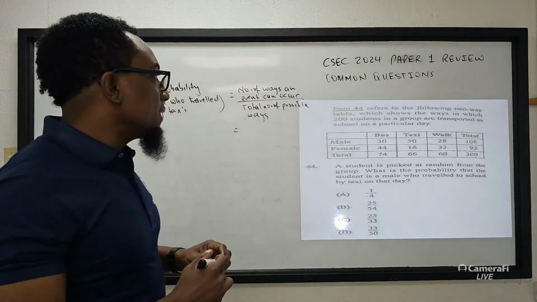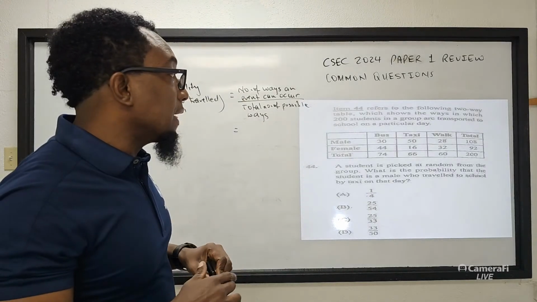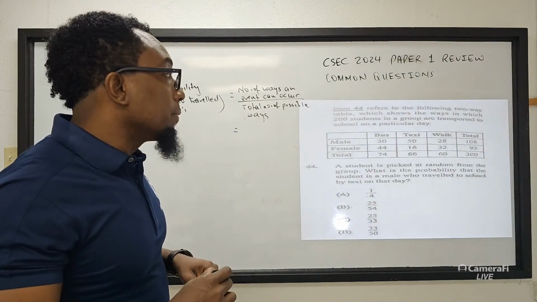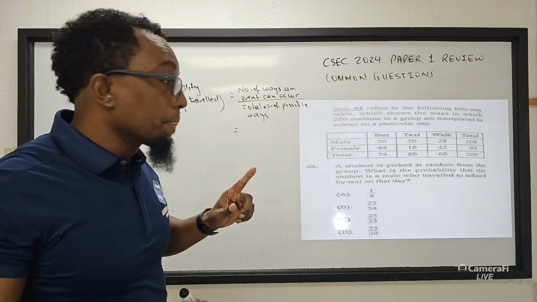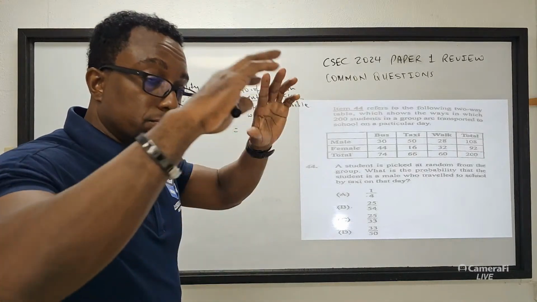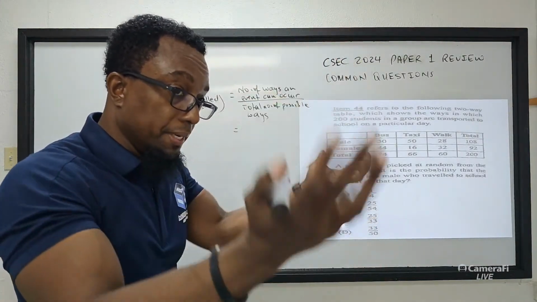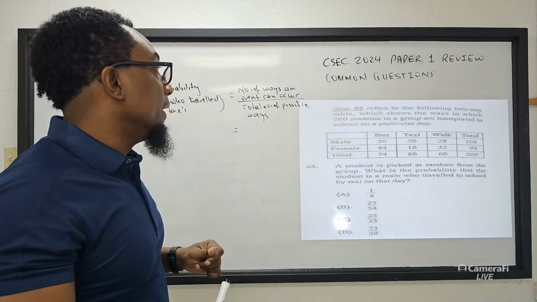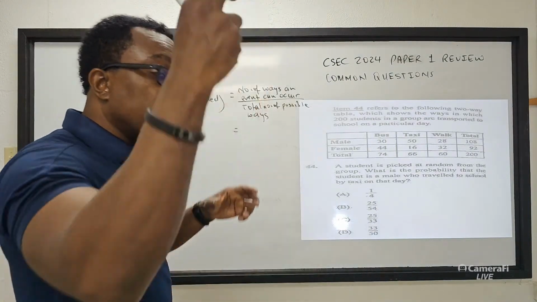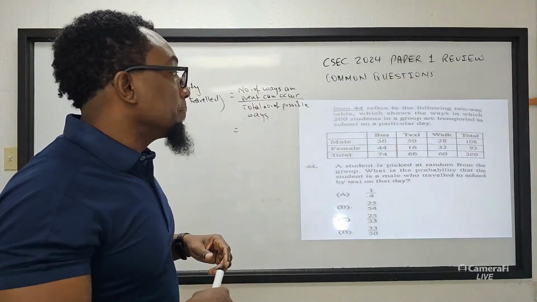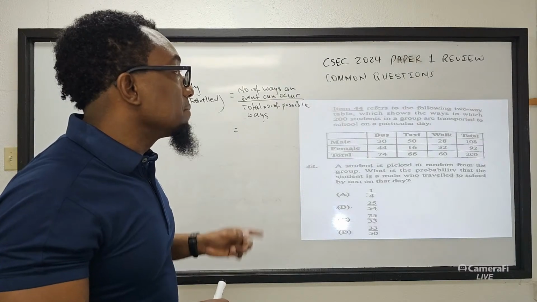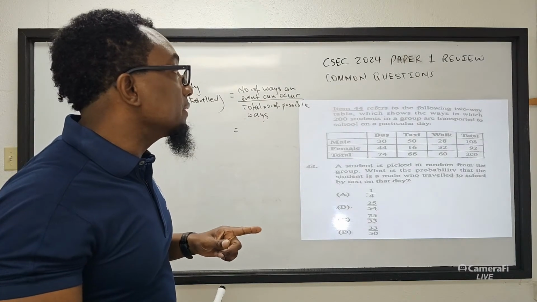So it says here a student is picked at random from the group. A student means a combination of male and female, right? So what is the probability that a student is male who traveled to school by taxi?